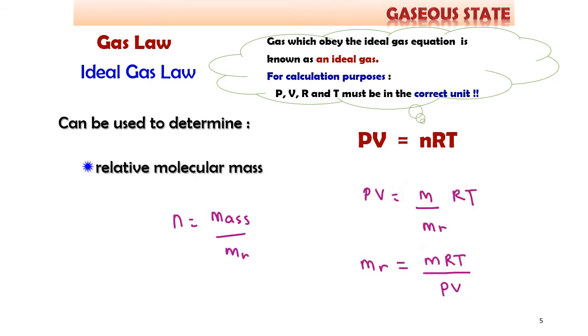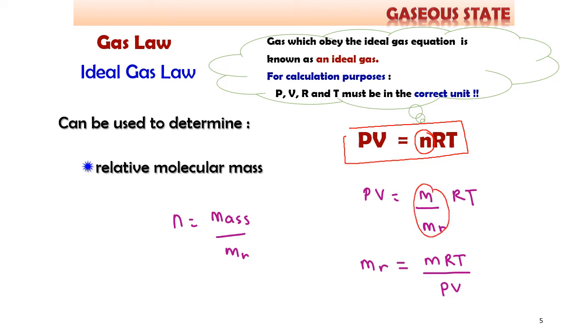For relative molecular mass, you know that mole n is equal to mass over molar mass. From the equation PV equals nRT, you have the number of moles here, and the number of moles is mass over molar mass.